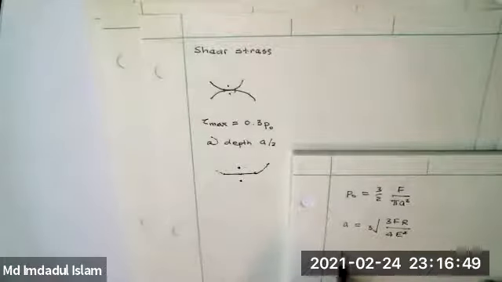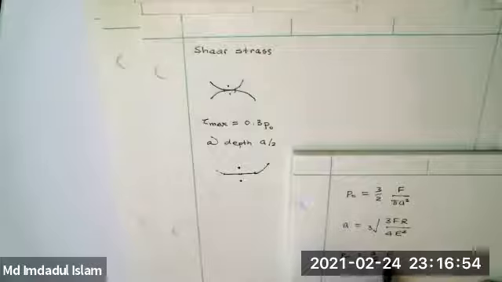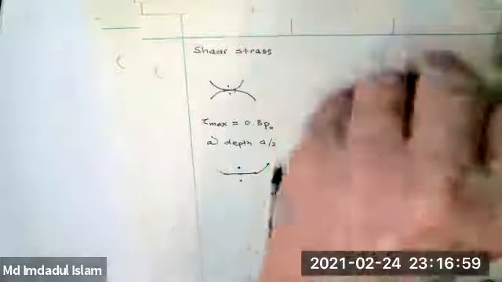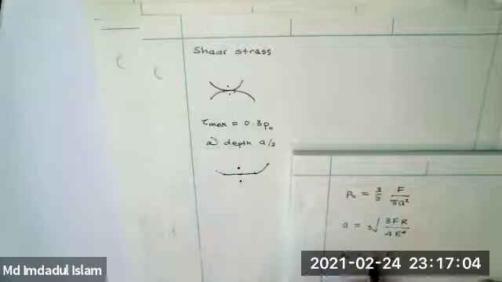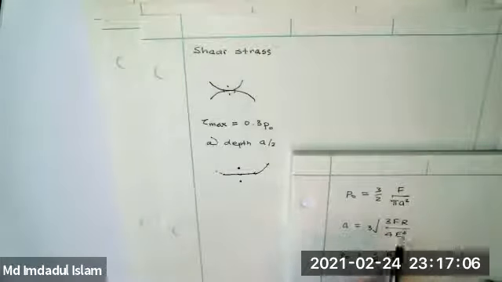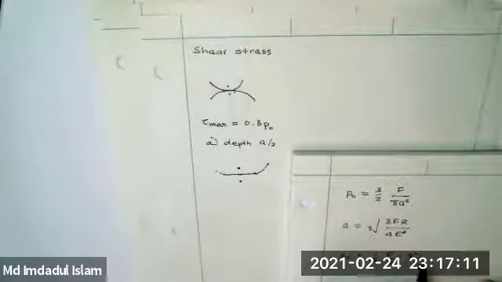So then the P naught, when I combine it, is 3 upon 2 F upon pi, and A squared is going to be, I squared it, and then I'll take the cube root.